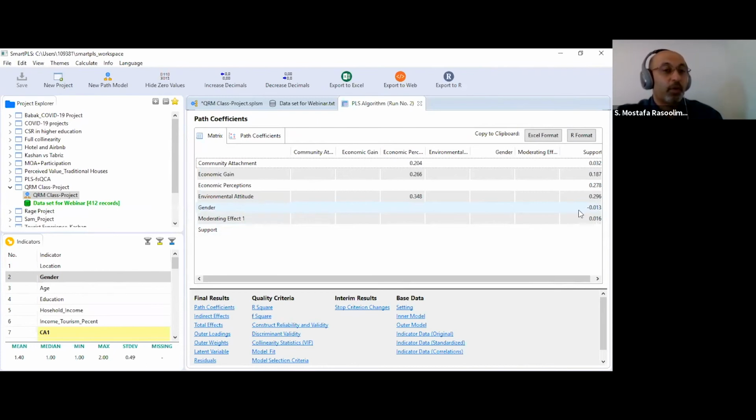And what about the hypothesis? If you hypothesize one-tailed, for example, 1 is male, 2 is female, and in your data set also 1 is male, 2 is female, so the high level is female and the low level is male, right? So you can interpret a positive or negative effect based on the literature and your hypothesis development. Okay.